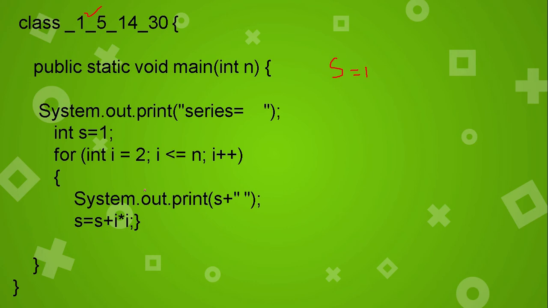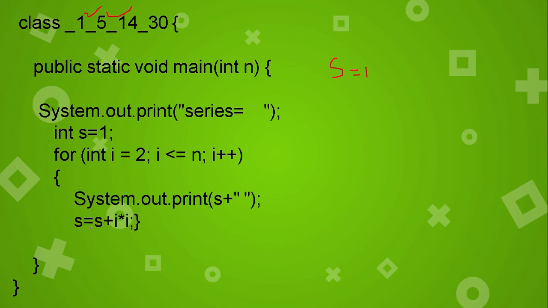Now, coming over here, I plus plus. Condition will be checked. Condition is true. Okay? System.out.print S. What is the value of S I told you? 5. That will be printed. Cursor will be kept there in the same line.